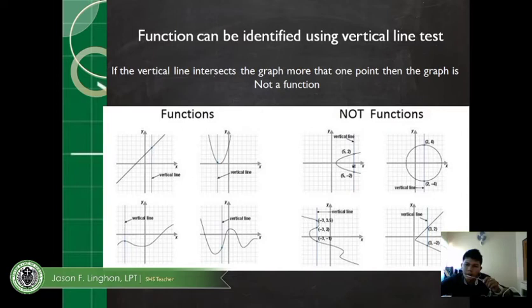These two points intersect our vertical line. As the vertical line test says, if the vertical line intersects the graph at more than one point, then the graph is not a function. So here, it is more than one point, so this is not a function. Also here, not a function because there are three. This one has two, this one has two.